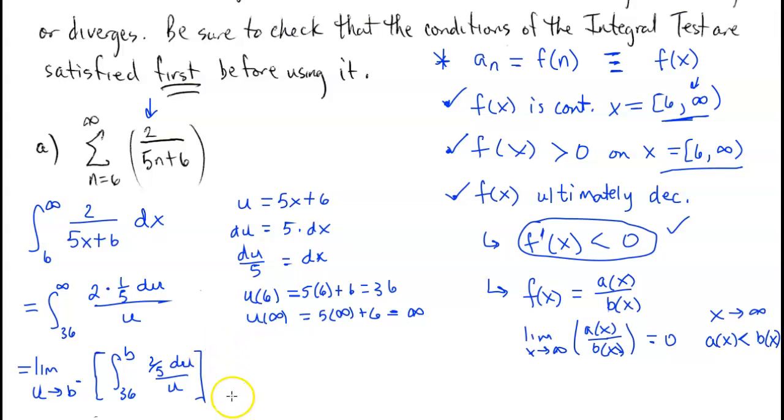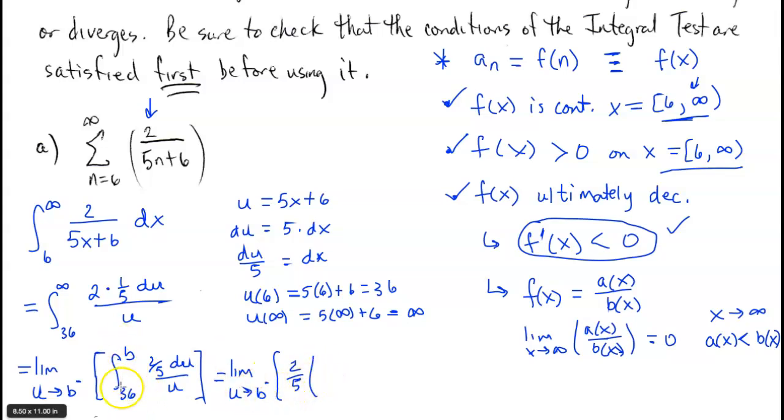And so from here, again, we just have limit as u approaches b from the left. If we were to take the antiderivative of this, this is just going to be 2/5, and the antiderivative of 1 over u du is just going to be natural log of absolute value of u.